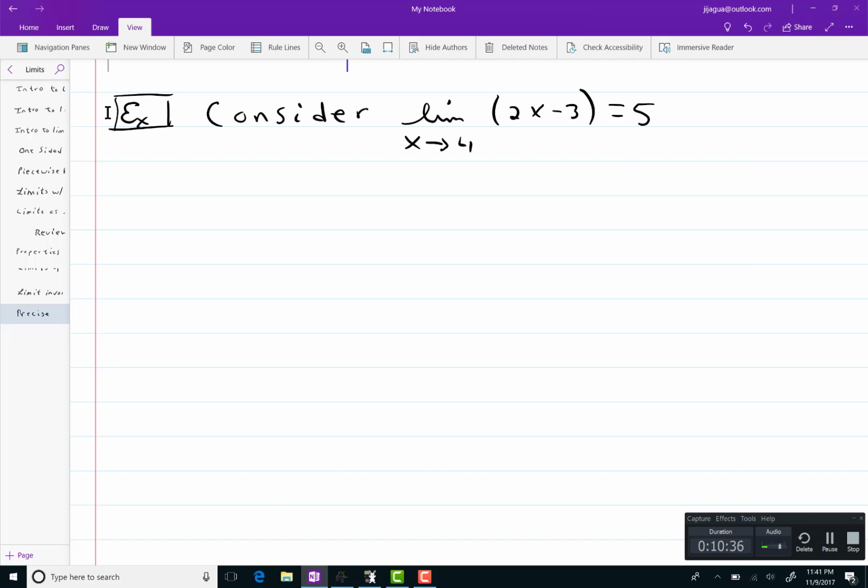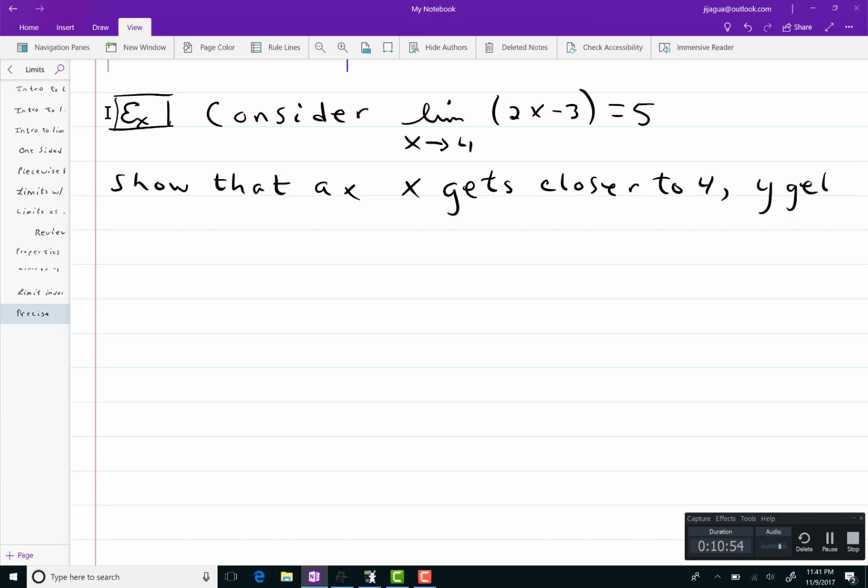So let me write that out. Show that as x gets closer to 4, y gets closer to 5.